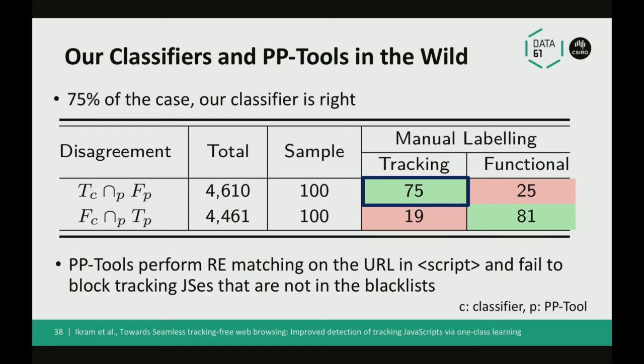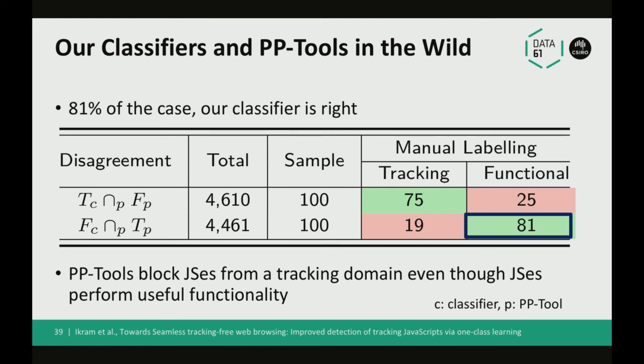The reason the privacy preserving tools disagree with our manual labeling and classifier is that they perform regular expression matching on the URL in the script tag and fail to detect tracking JavaScript that is not in the blacklists. And in the other case, for 81% of the cases, our classifier was right.